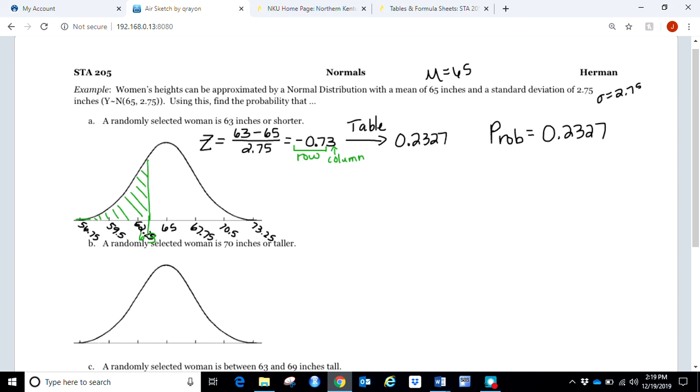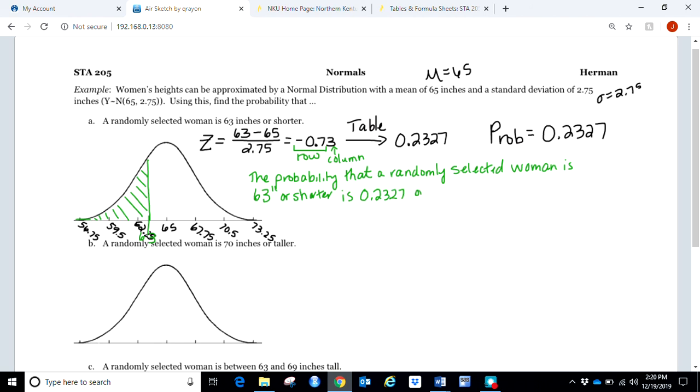So then now putting this back into the context of the problem, I can say the probability that a randomly selected woman is 63 inches or shorter is 0.2327, or if you prefer, we can multiply this by 100% and change it to a percentage and say 23.27%.